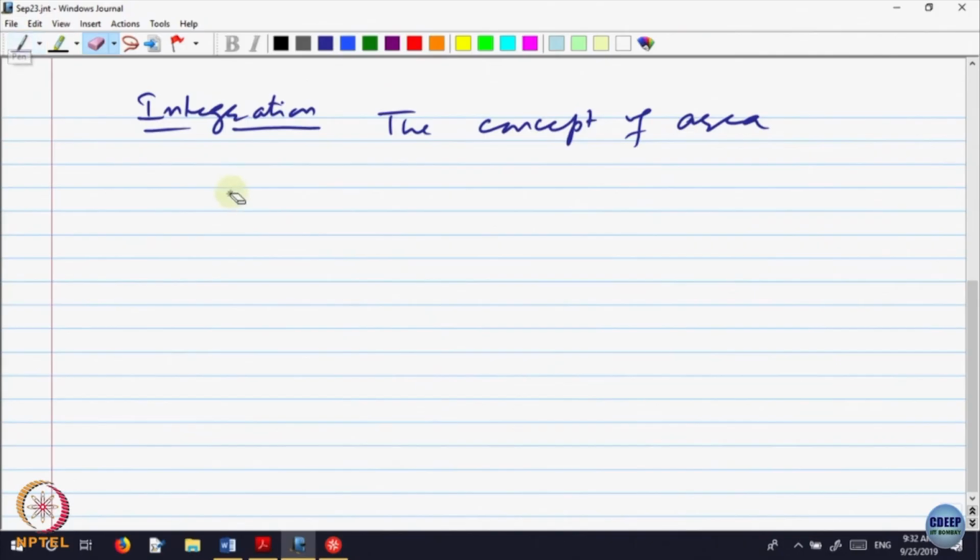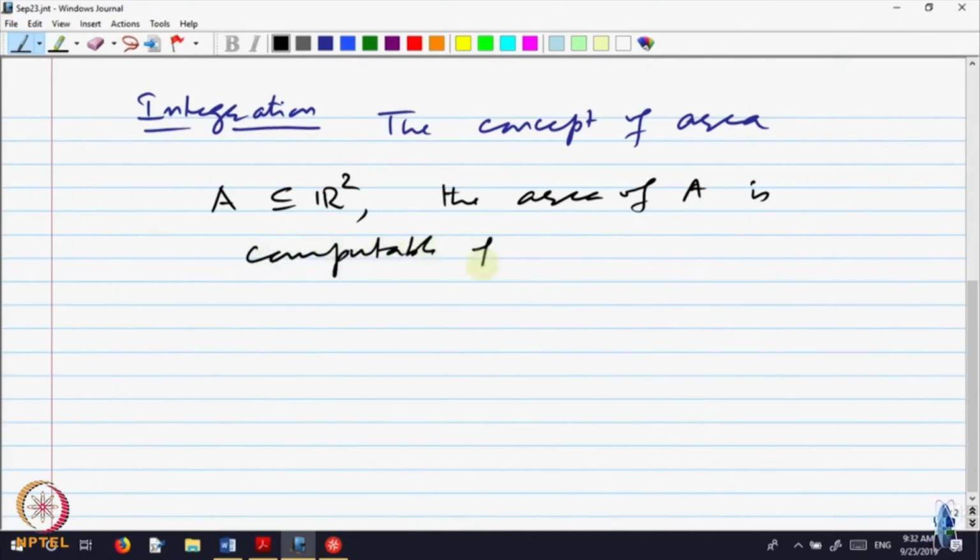So geometrically, if you are given a set, say A contained in R2, the area of the set A is computable if A is, say, closed with rectilinear boundary.